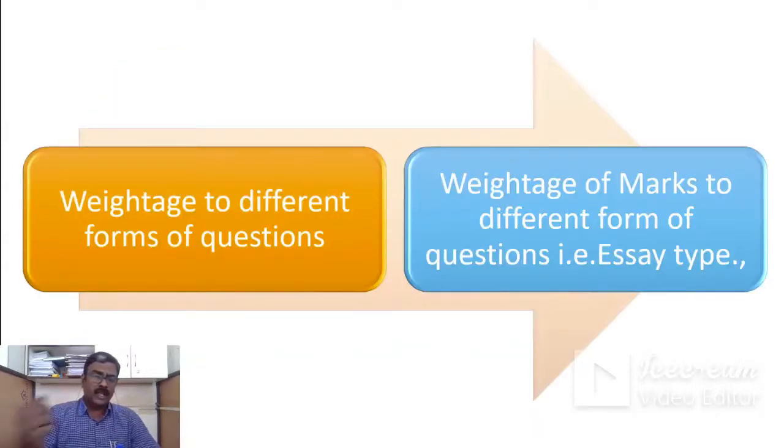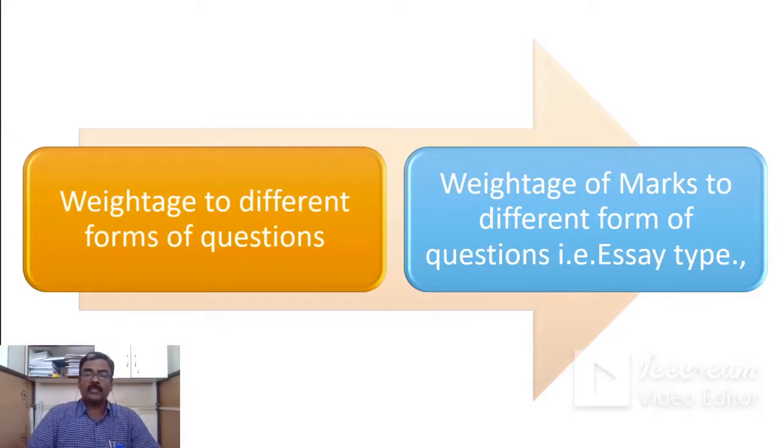Usually the weightage is distributed equally for all the chapters, which is good for the achievement test. Then weightage to different forms of questions, that is weightage of marks to different forms. For example, there are 5 sections: one or two word answers, fill in the blanks, match the following, choose the best answer, and true or false.